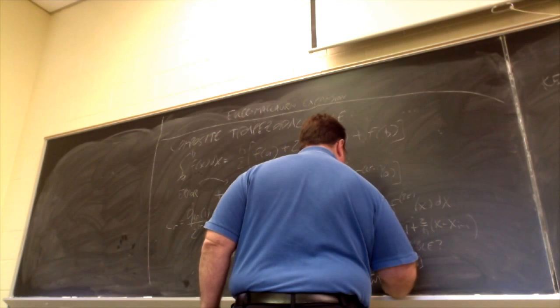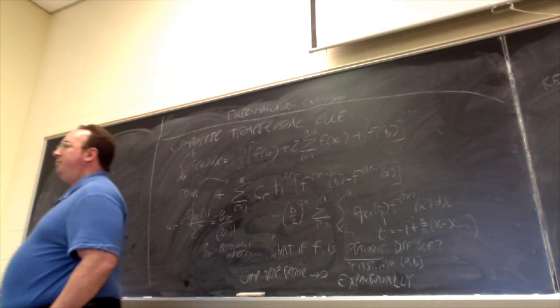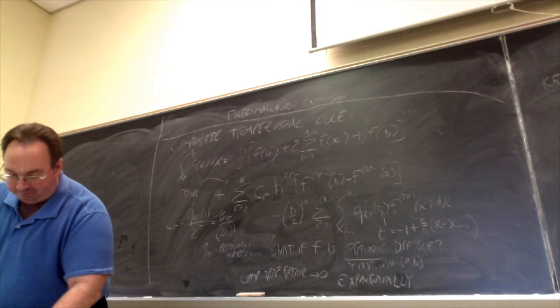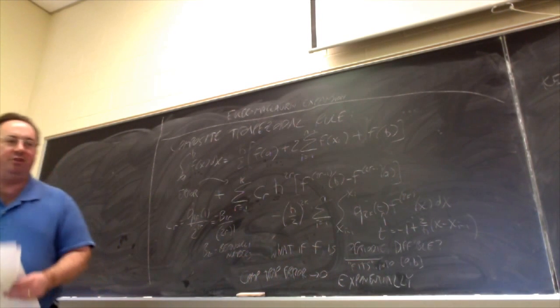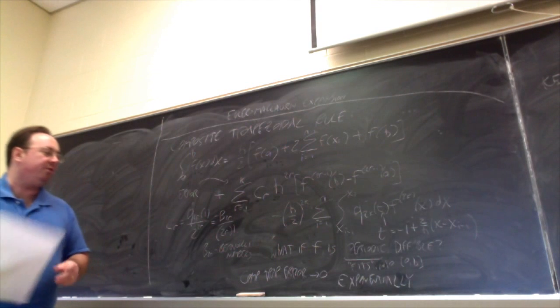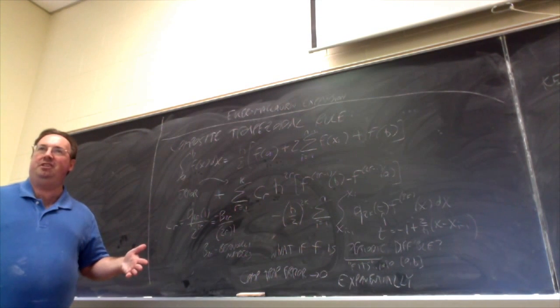So the composite trapezoidal rule, normally second order accurate, suddenly becomes exponentially convergent, meaning that the error goes to zero faster than any power of h.